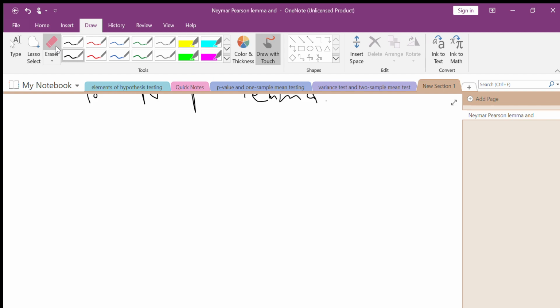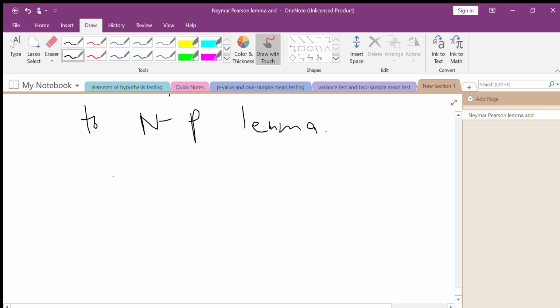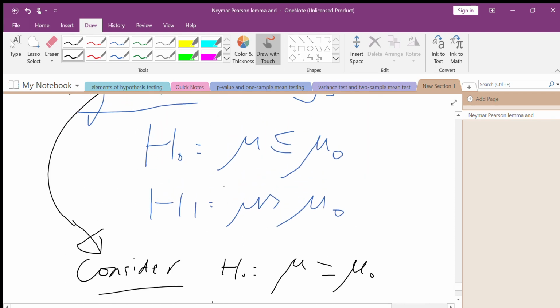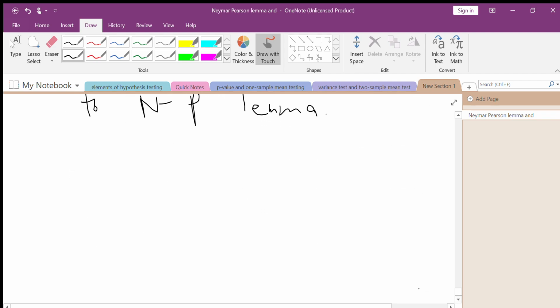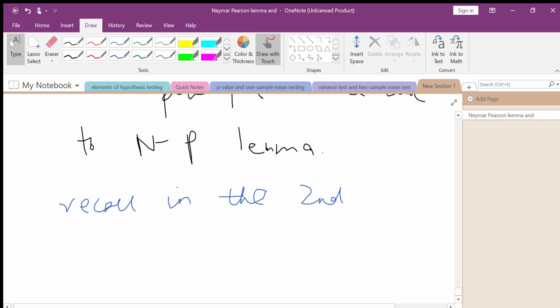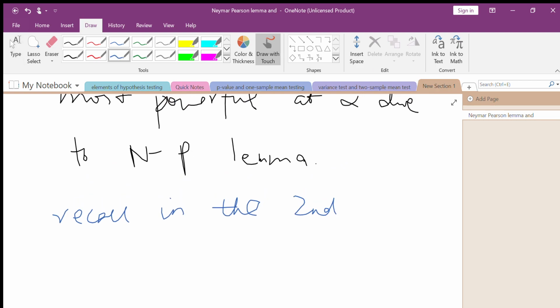But how does this relate to our single-sided testing? Recall what we have done in the second step of NP lemma.